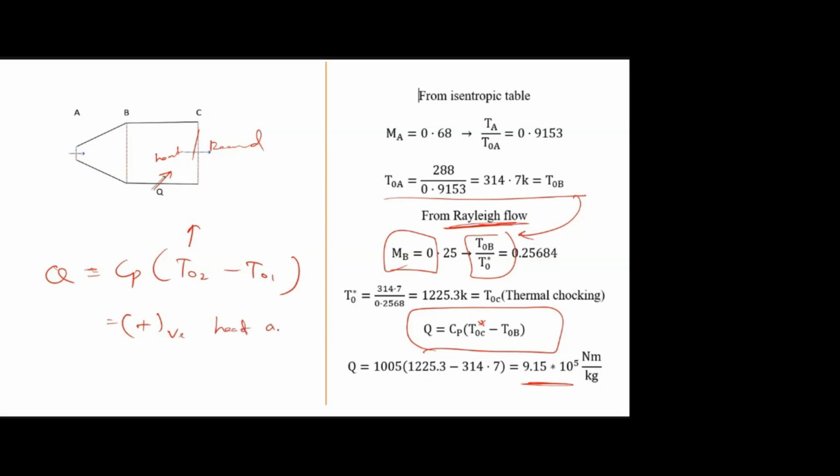Is that correct? Yes, sir. Because if heat is added, T02 will be more, so it will be a positive value. Or sometimes you will get a negative value because T02 may be less than T01. Negative means heat is removed. So using this Q value, you can find whether heat is added or removed. This is okay. So next problem.